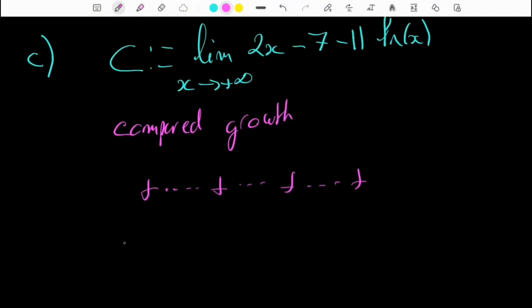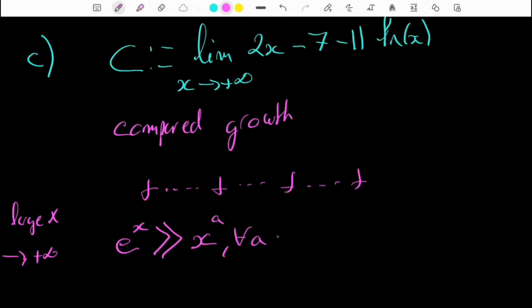So, for instance, exponential of x is greater, for large x, so it includes going to infinity, exponential of x is greater than any power x to the a for all a strictly superior to 1, and this is strictly superior to ln of x.